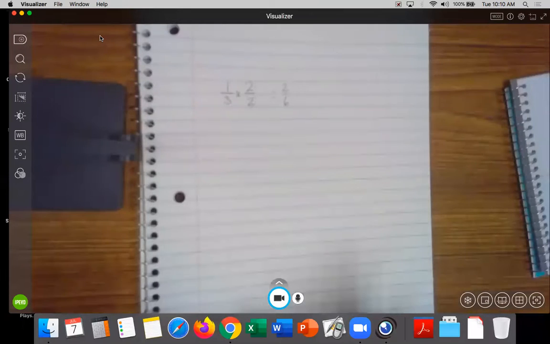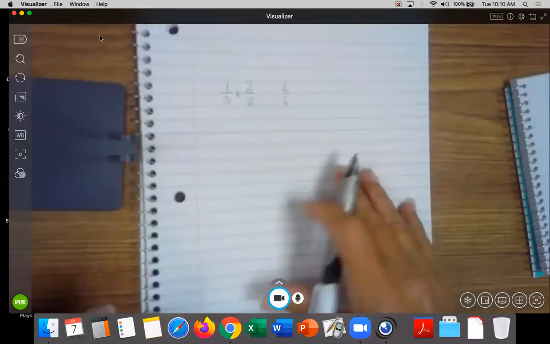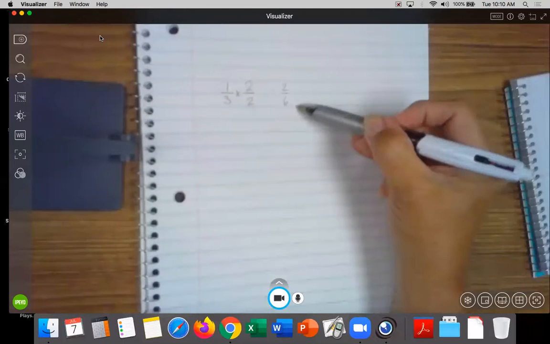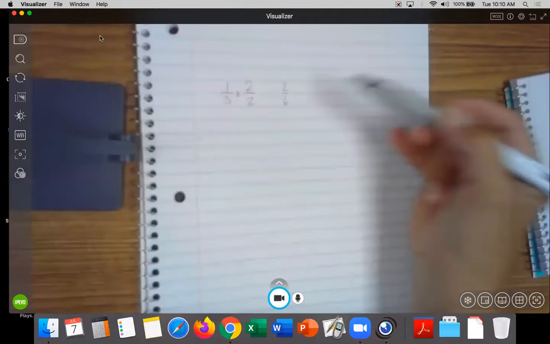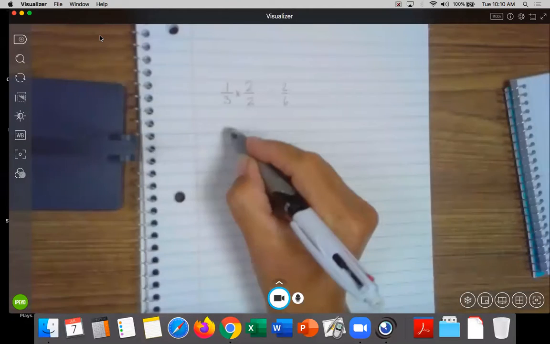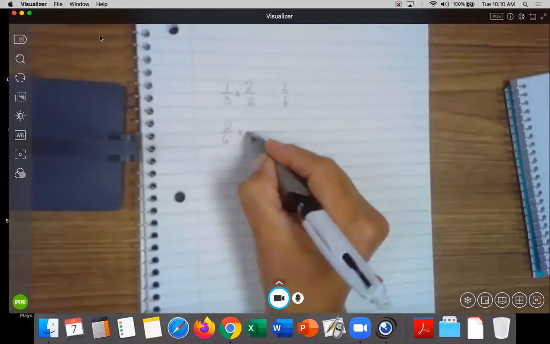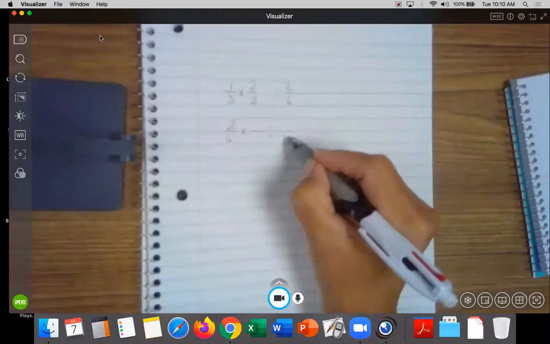But let's make sure that we're using the proper terminology. Numerator and denominator. You're right, top and bottom, but let's try to sound a little fancy. All right, let's do 2/6, and I want the denominator to be 12.